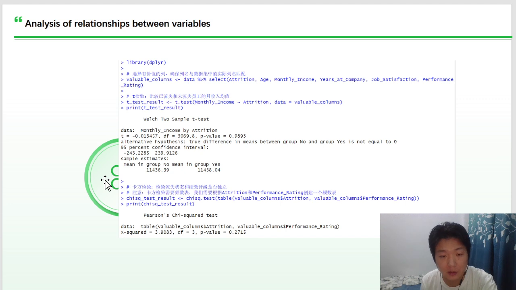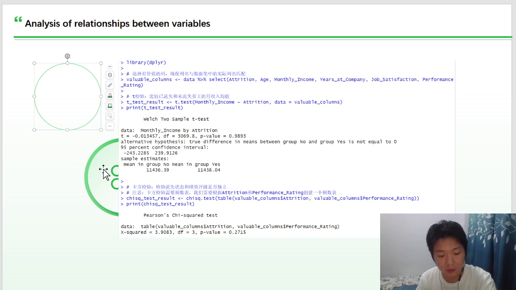Then we have other tools to test it. Finally, we chose the t-test and chi-square.